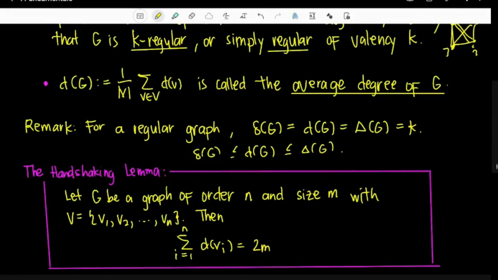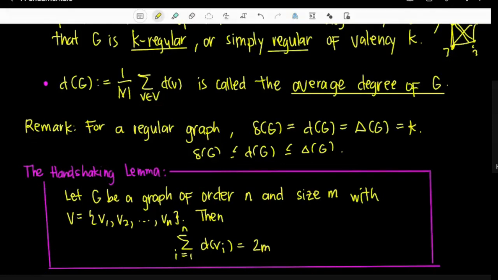So if you now add all of their answers, for example, person 1 shook hands with 3, person 2 shook hands with 5, and so on and so forth. If you add all of them, the total number is actually twice the number of handshakes that happened. Why is that so? Because every time you shake hands with another, there are 2 hands involved: your hand and the hand of the person you shook with.